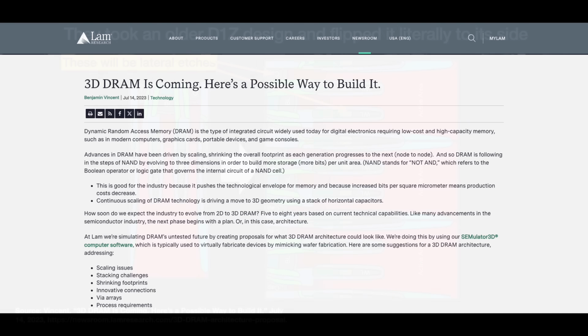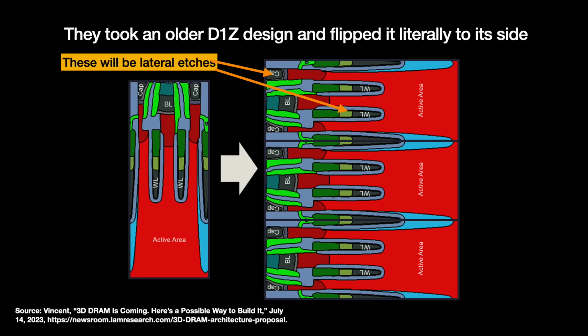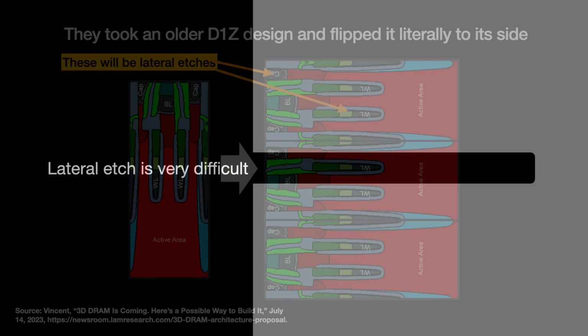Producing these horizontal capacitors involved first depositing the silicon layers and etching them laterally, meaning sideways, to varying lengths. Then finally, uniformly filling those holes with materials, hopefully in a single action. The issue is that existing techniques are better at etching down than laterally.